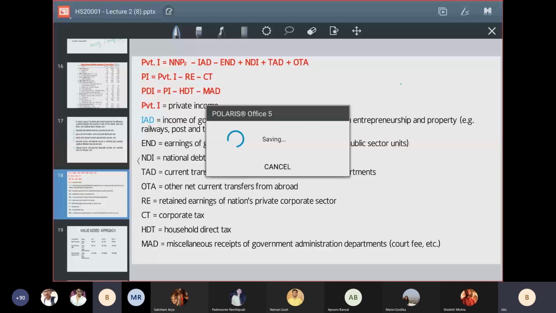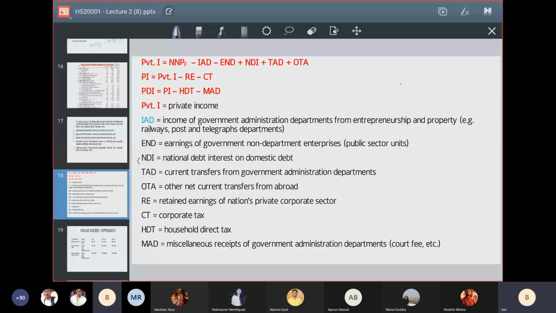Again, we are adding the national debt interest on domestic debt. Why are we adding that to GDP? Because the debt interest paid on the domestic debt is not part of our GDP, but it is part of your income. Like for instance, you are giving me a loan. Say I'm an enterprise and you are a private individual.